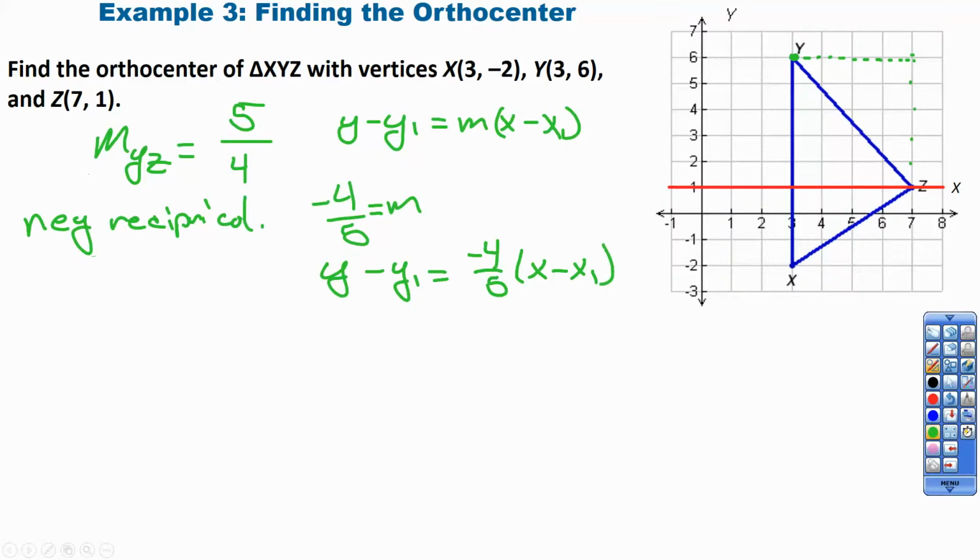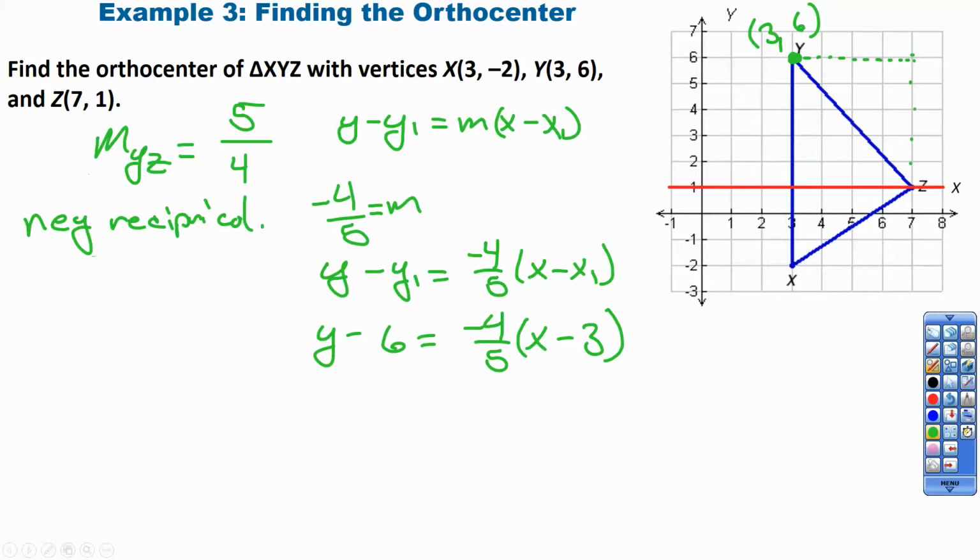But what is y1 and x1? Do we know a point? Yes, we know this point Y. And what is that? That is 3, 6. So we plug that into our equation. y minus 6 is equal to negative 4/5 times x minus 3.